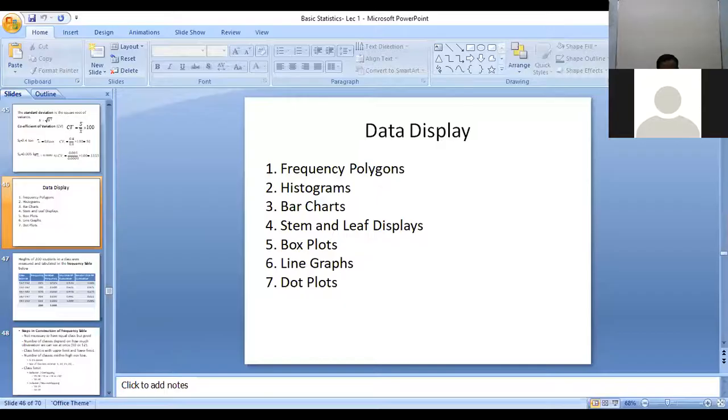Last time we talked about how we can display the data. Displaying data can be done in different ways: frequency tables, histograms, bar charts, stem and leaf, box plot, linear graphs, dot plots.